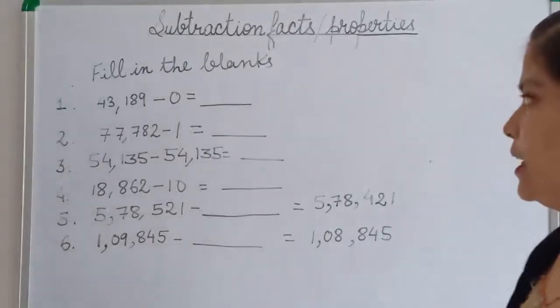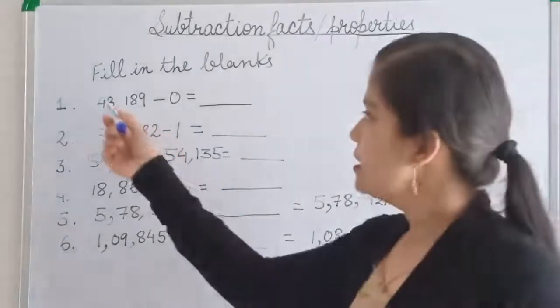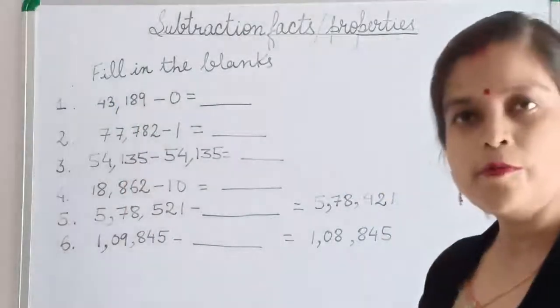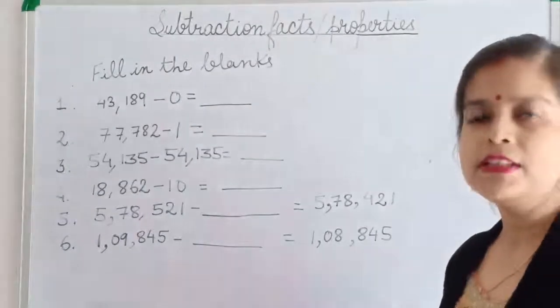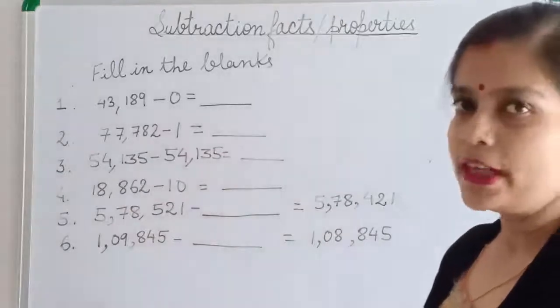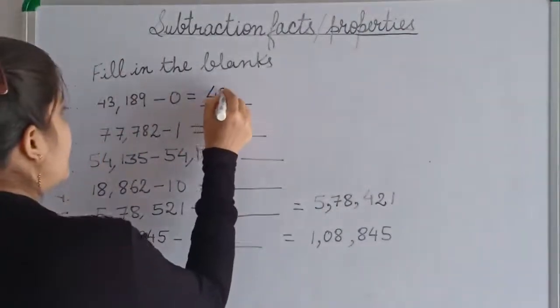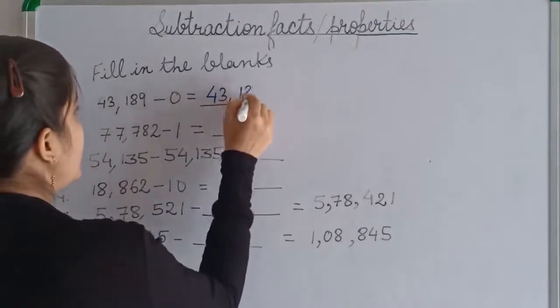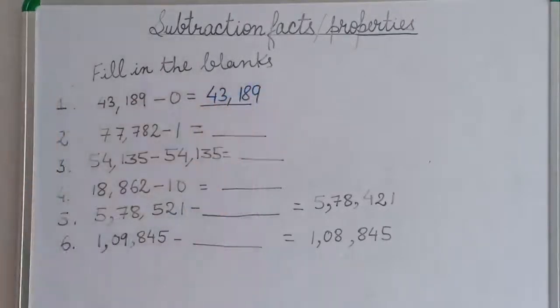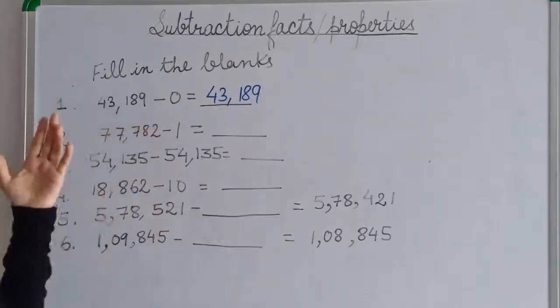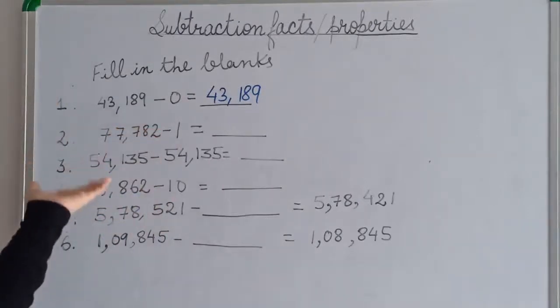First, you can see that 43,189 minus 0 will be what? It will be the number itself. When we subtract 0, we get the number itself. So the answer will be 43,189.